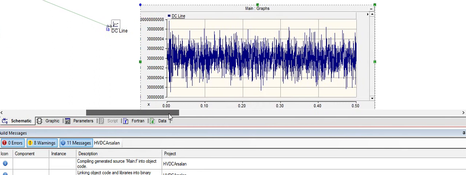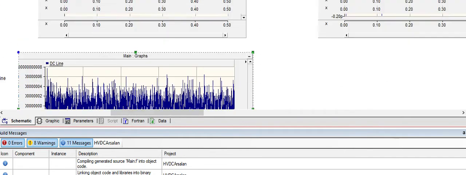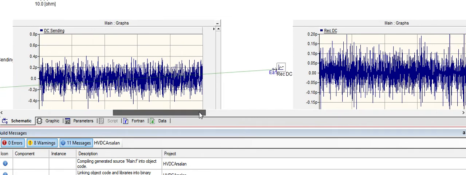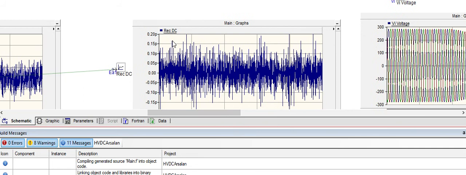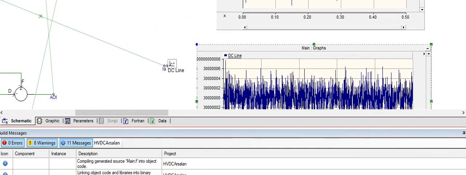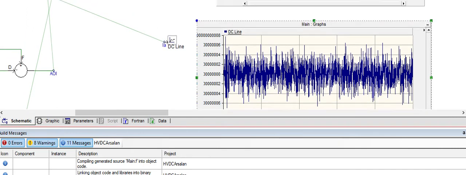This is a slight increase, again due to the harmonic distortion, and there is a very disturbing output we received at the receiving side of the DC line, again due to the harmonic distortion. You need to compare it again, you need to observe it. Okay? If there is any question in between, please ask me.